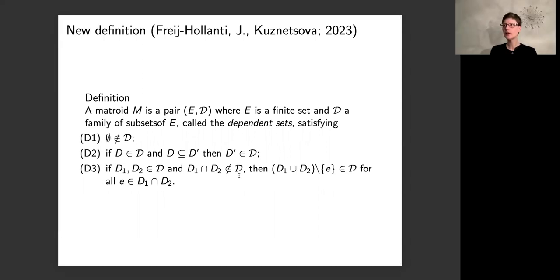Yeah, well, the thing is that's not going to happen because your sets will always get bigger. Well, I mean, there is some technicality involved, especially for smaller sets. But if you look at what's going on, then this D1 union D2 minus one element, most of the times it's much bigger than D1 and D2.